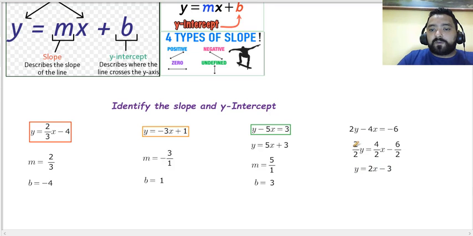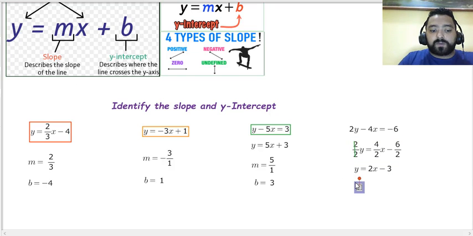Remember, the objective is to divide, to eliminate, and to isolate the variable y as a 1. So remember, when we don't have a number, that means 1y. So you can leave it as 1y or just y. Then you have 4 over 2, that means 2x, and negative 6 divided by 2 gives us negative 3.